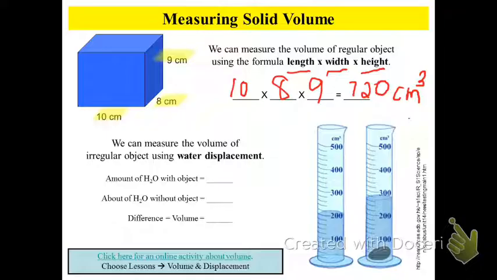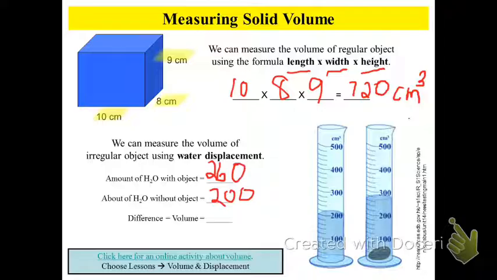Then we're going to drop the object in, and we're going to pay close attention to how high the water went up, and we're going to record that number as well. So we've got the amount of H2O without the object. It looks like it's 200 milliliters. And then when we put it in, it looks like afterwards it's 260.